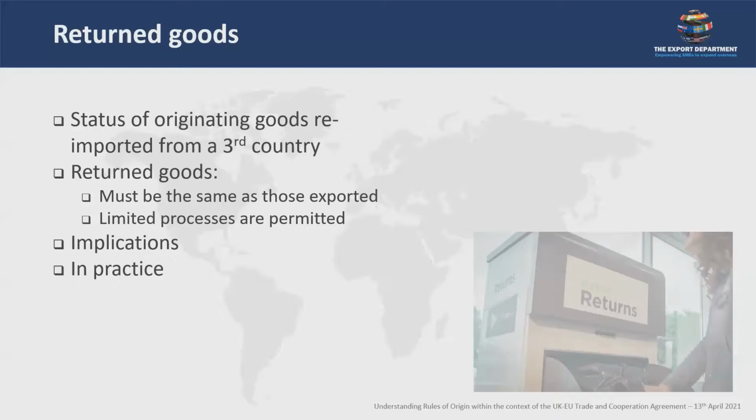So long as you can prove those three things, then you should be able to gain relief on any import duty or VAT on goods that are returned from the EU back into the UK.